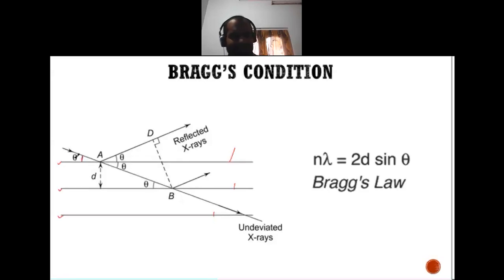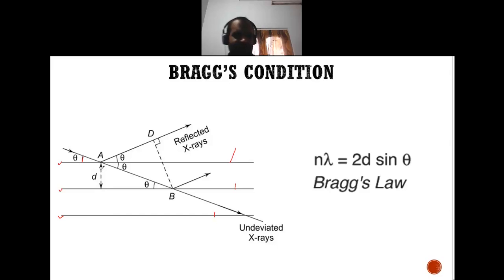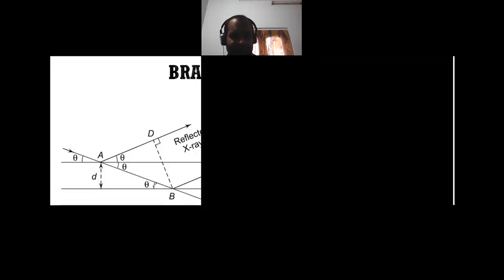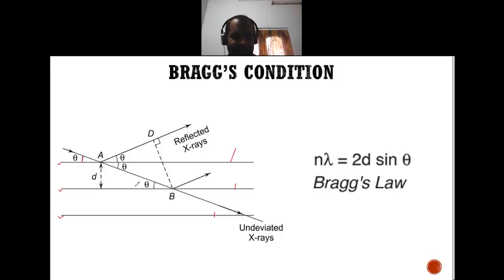Remember that this angle theta is made by the incident X-ray with the planes, not with the normal, but with the planes. These are parallel planes, and this is the common line, so these angles are equal to theta. Similarly, although not shown here, this angle will also be theta.